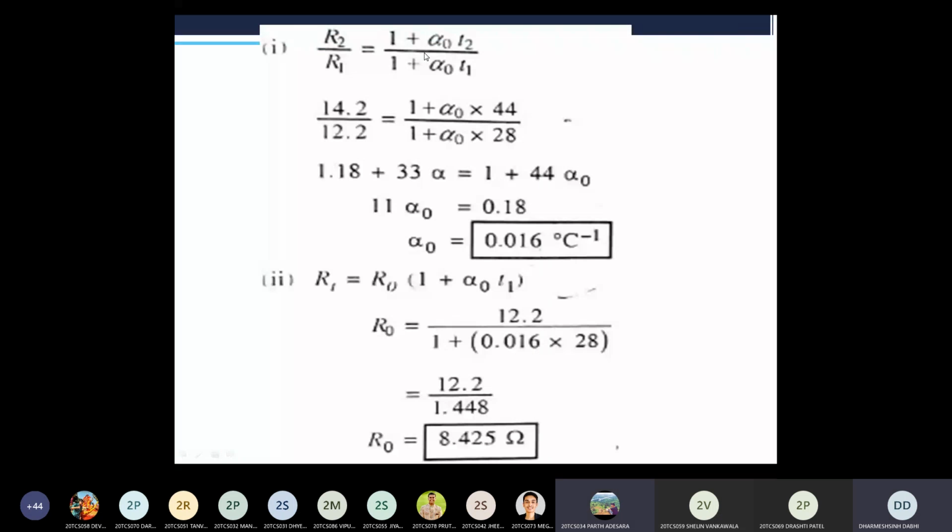We can take the ratio, but in place of R0 we can't take 12.2 and directly solve with one equation. But then the answer for the coefficient is different. No, you get the same answer. Calculate by the other way. Just a minute.